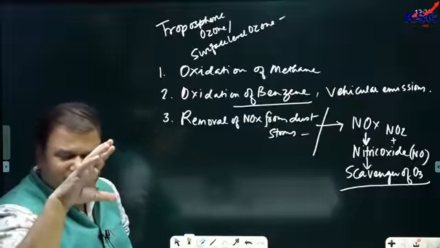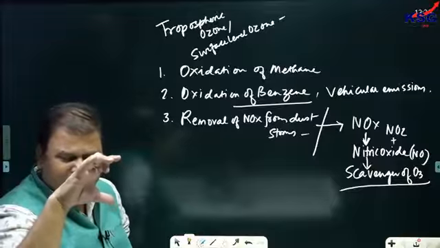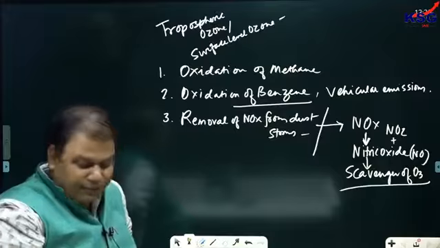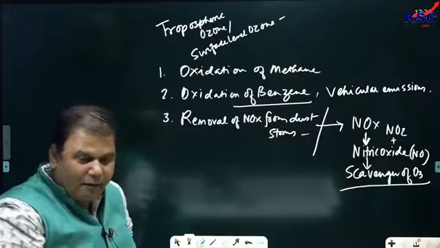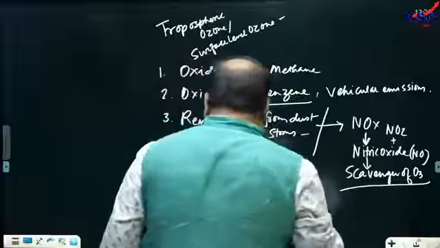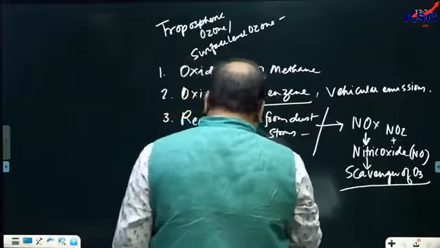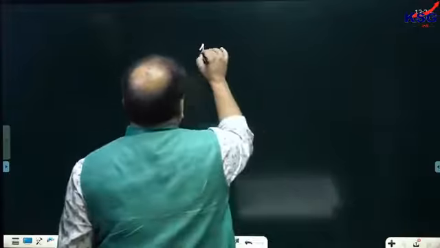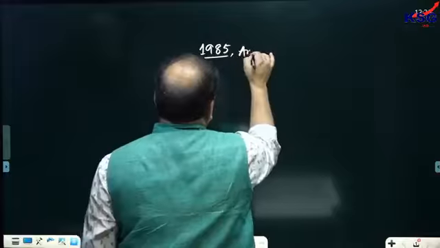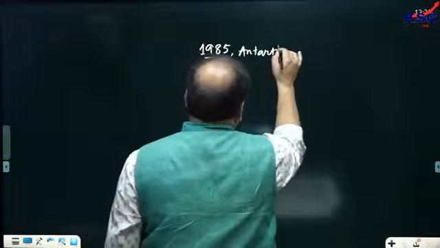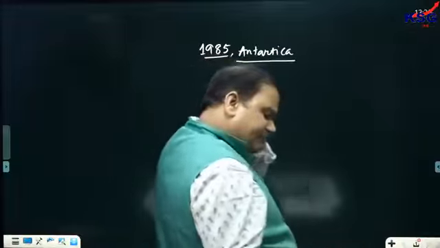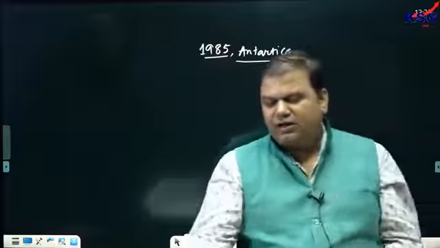First of all, the report confirming that ozone depletion has taken place. Write down, ozone depletion was reported for the first time in 1985, over Antarctica.